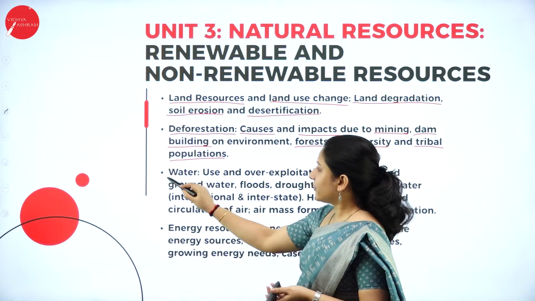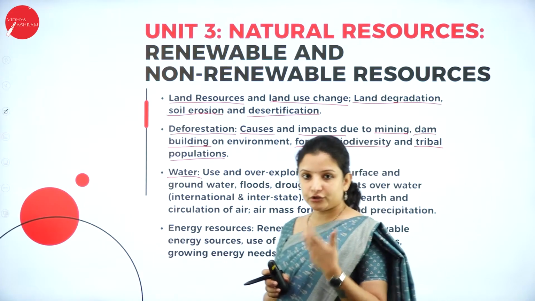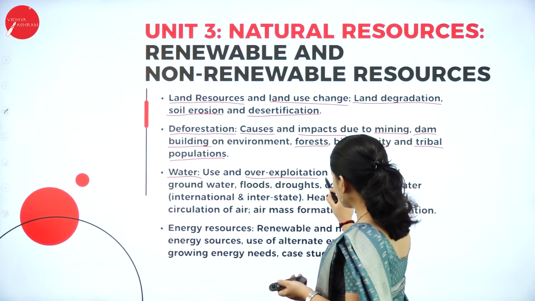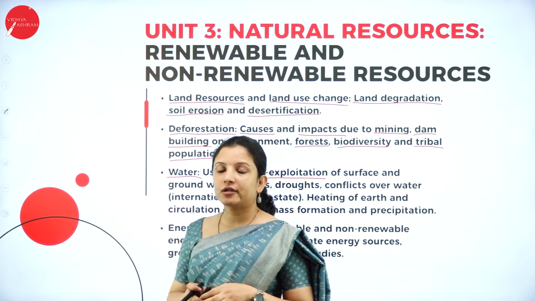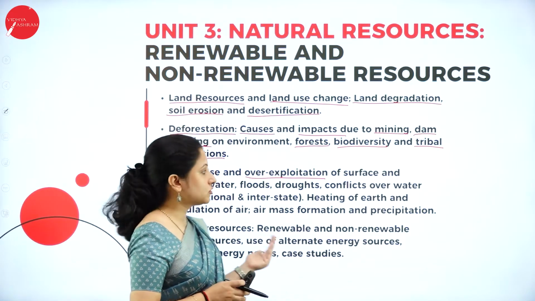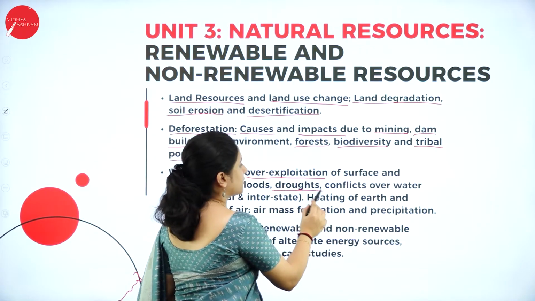So next, talking about water in this unit, how water is useful for us and how we are over exploiting the surface and groundwater. Surface and groundwater have been over exploited by a number of factors. What are those? We shall look into that. And how water scarcity is occurring because of droughts.